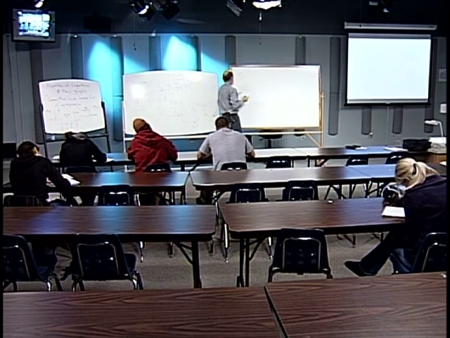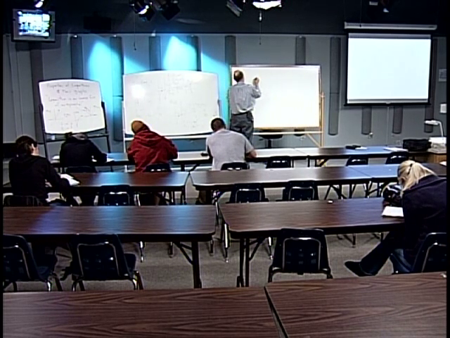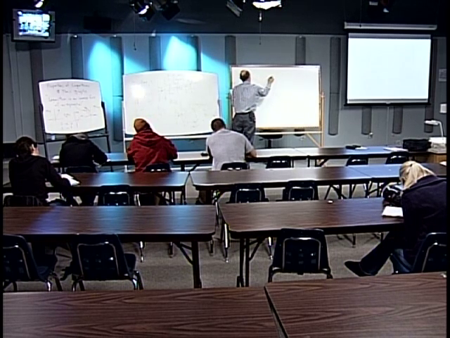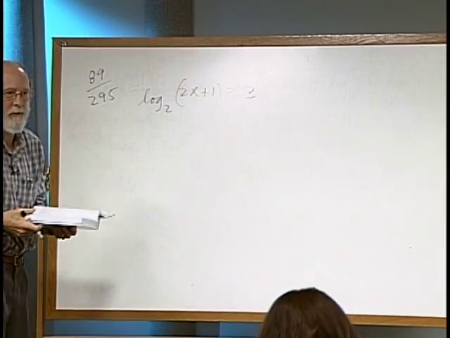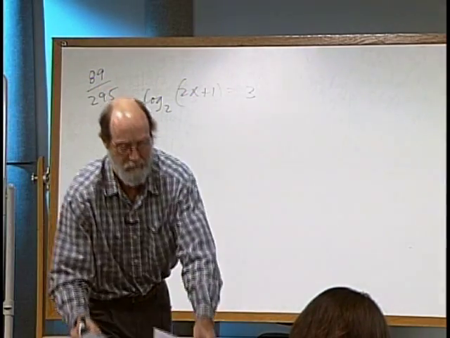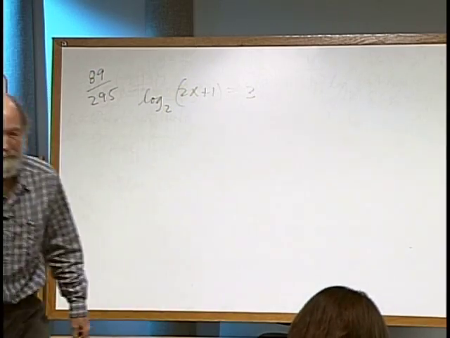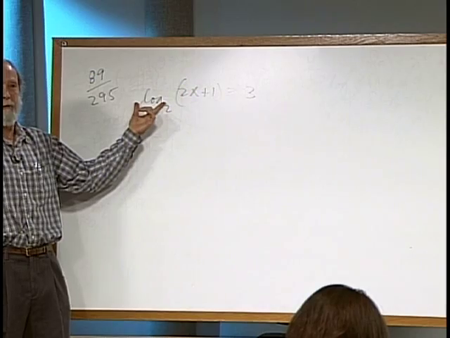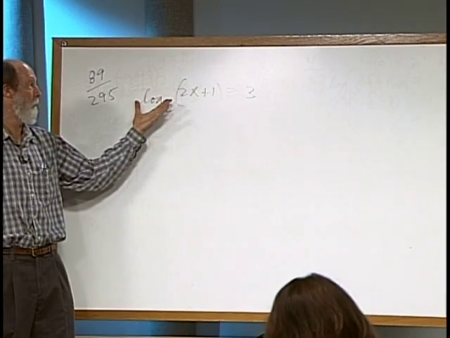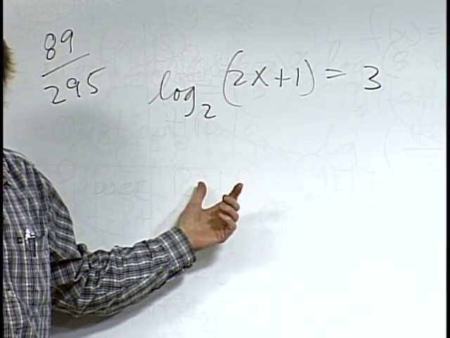In your book, number 89 on page 295, it says the log base 2 of 2x plus 1 equals 3. What's the exponent? 3. See, a logarithm is an exponent, folks. You've got a logarithm equals 3. The exponent is 3. The base is obvious.